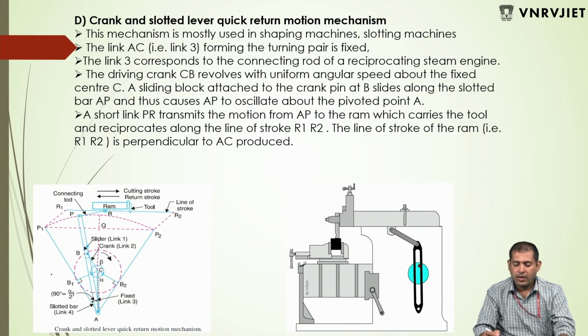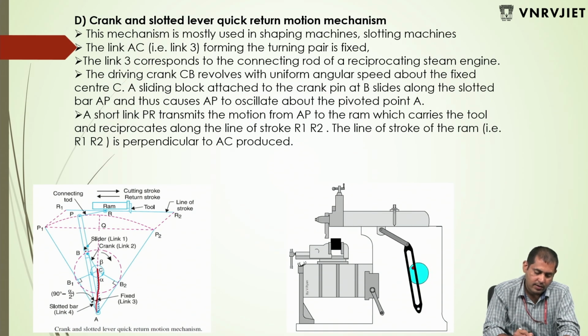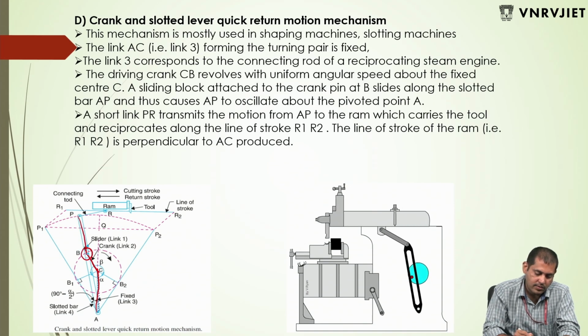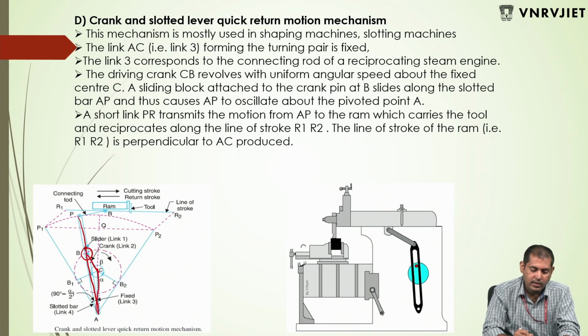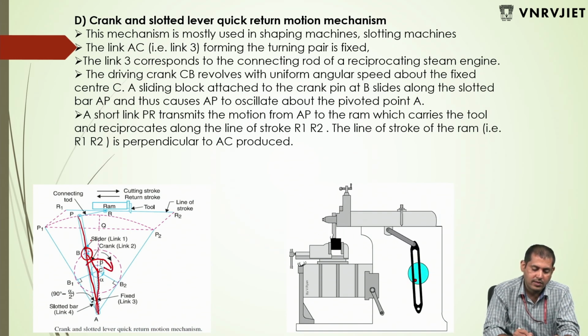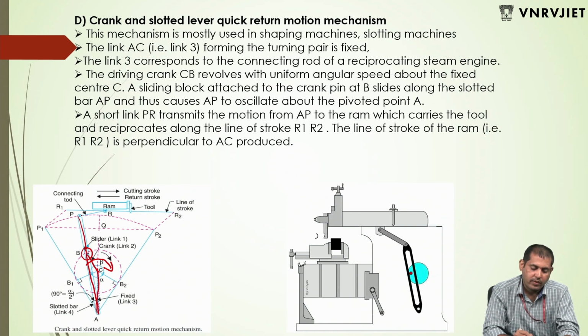So finally, this is link 1, this is your link 2, this is your link 3, and this is link 4. Now when it is rotating in this direction, what will happen? The slider inside the slotted bar slides along it, which moves the slotted bar from point P1 to P2.